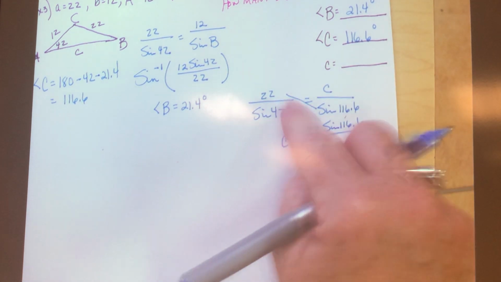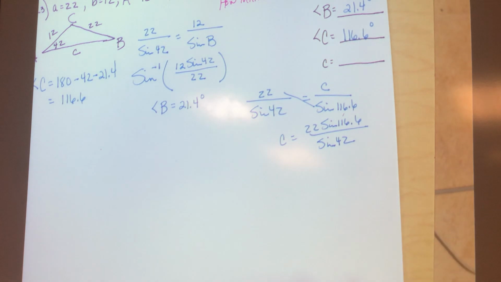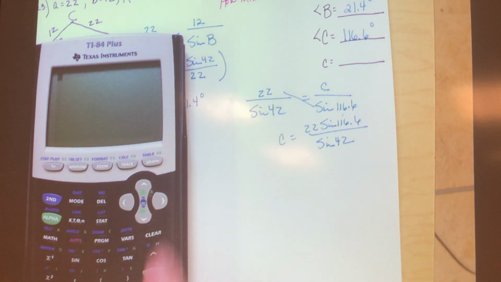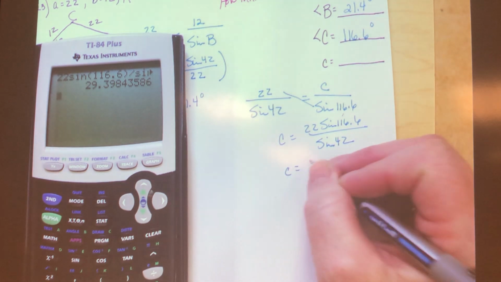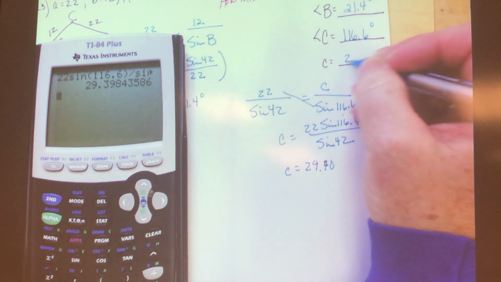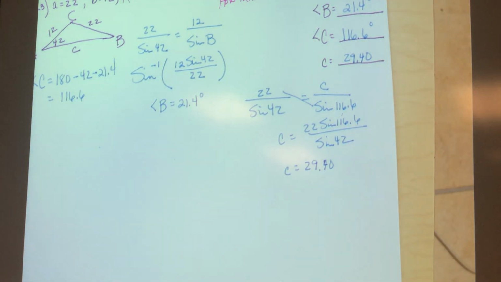The one that I don't, the odd man out, goes on the bottom, okay? So, in my calculator, I'm gonna go 22 sine 116.6, close the parentheses, divided by the sine of 42. And I get C is equal to 29.40. And they didn't tell me a unit of measure.